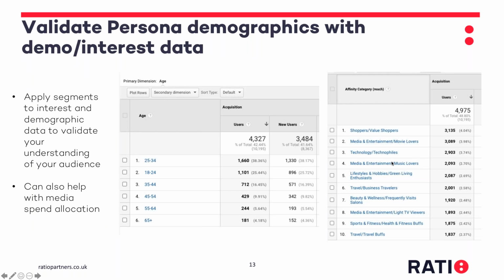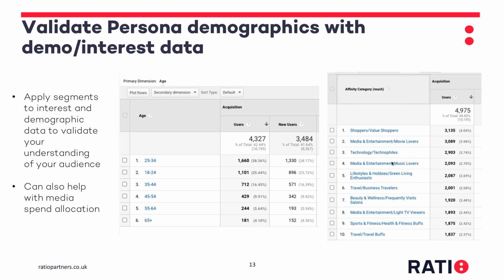Another great thing you can do in Google Analytics is that because, as I mentioned, GA is part of this broader Google ecosystem, Google Analytics can also give you some indicative information about the demographics and interests for your website visitors.